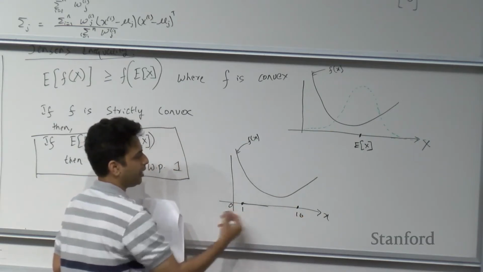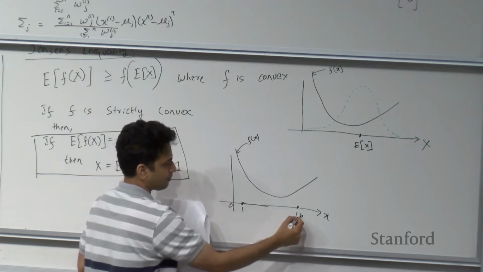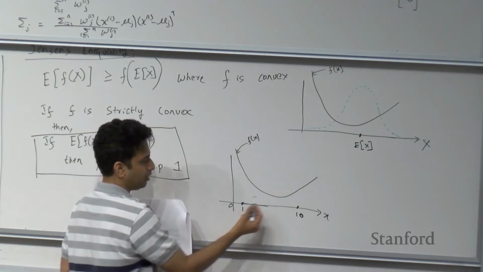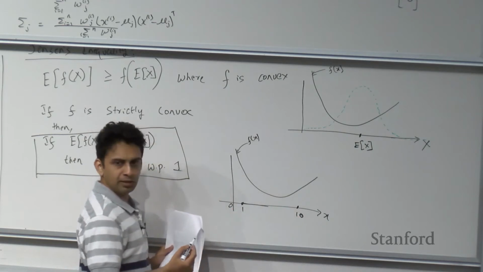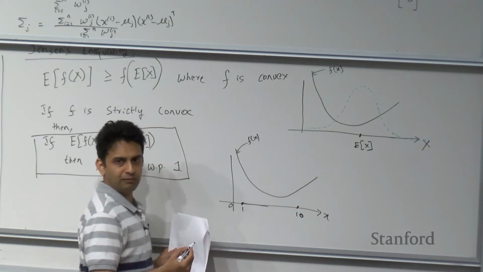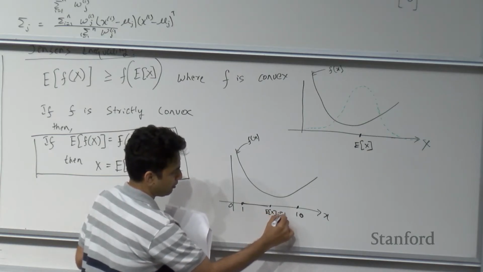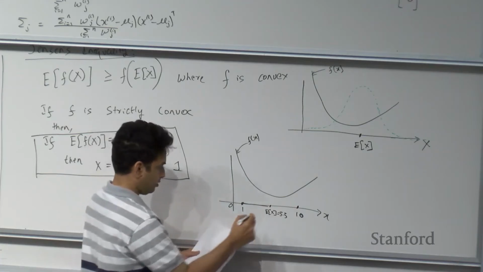If x takes with probability half the value 1 and with probability half the value 10, then expectation of x will be 5.5. Right? So expectation of x equals 5.5.